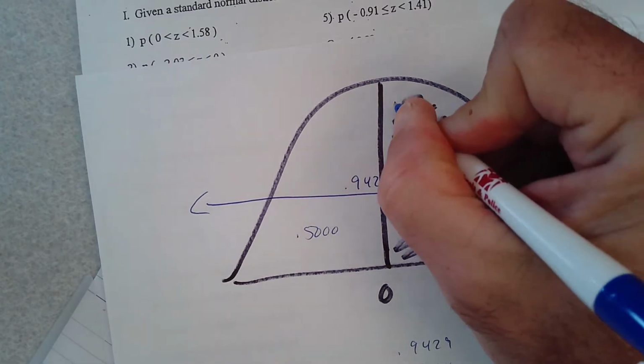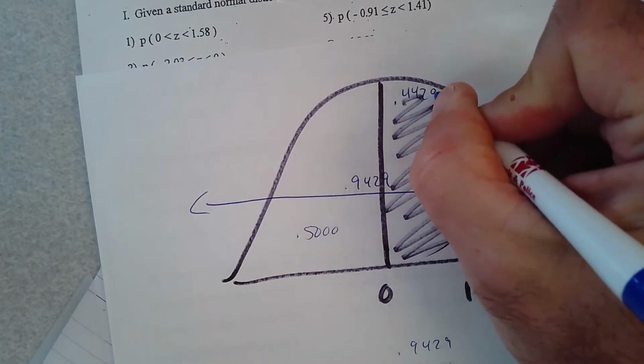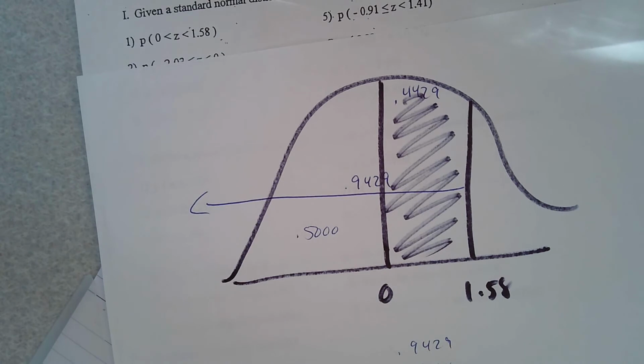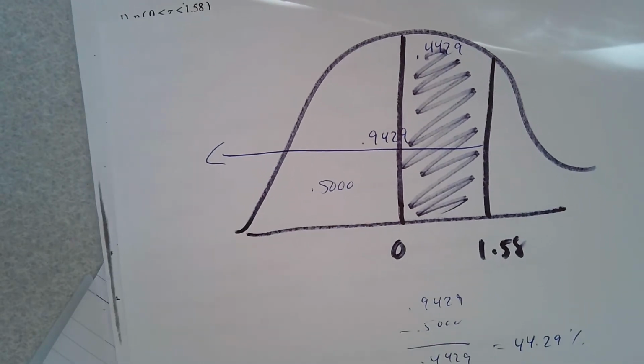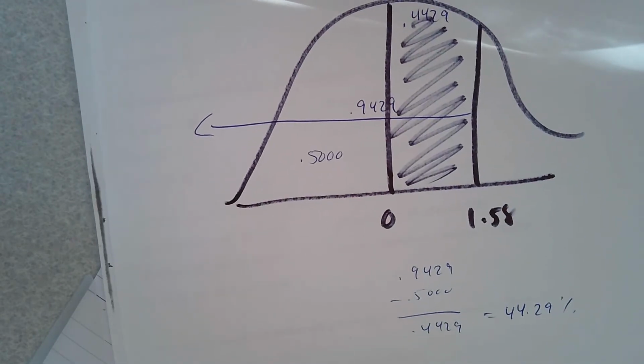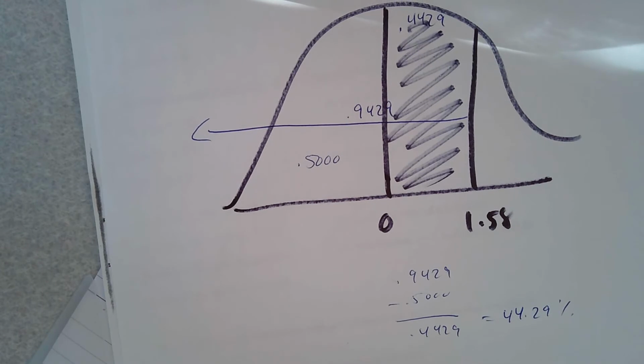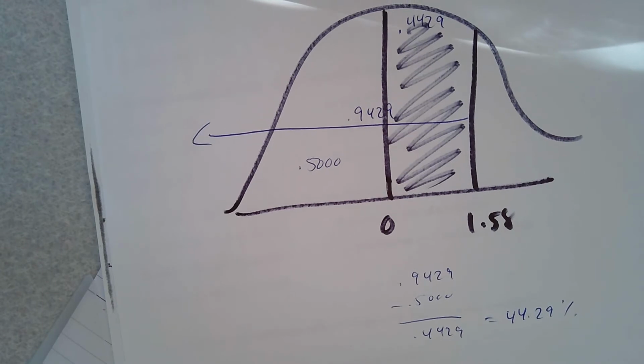And that area under the curve represents the probability, the percentage: 44.29%. That's the probability that you would have a score that falls between 0 and 1.58. So that's how we're going to use our normal distribution table to find probabilities.